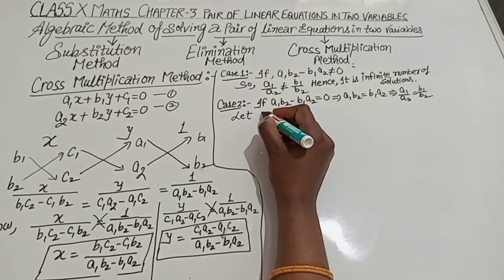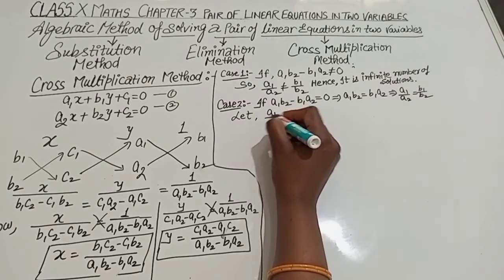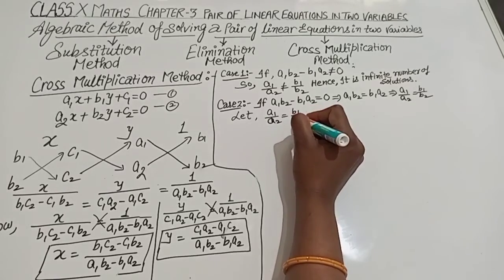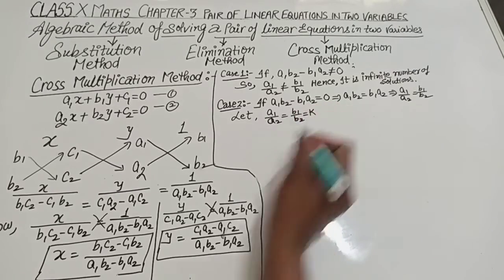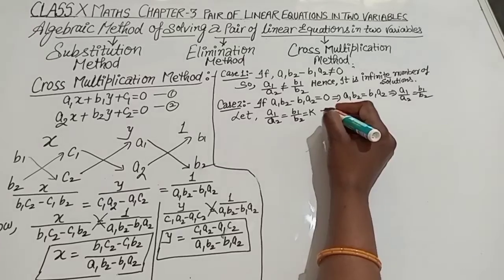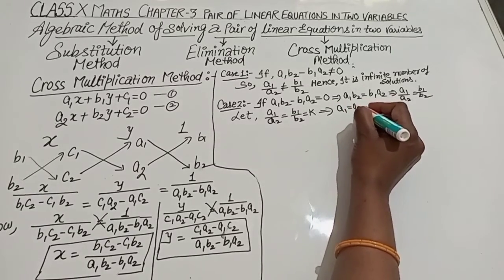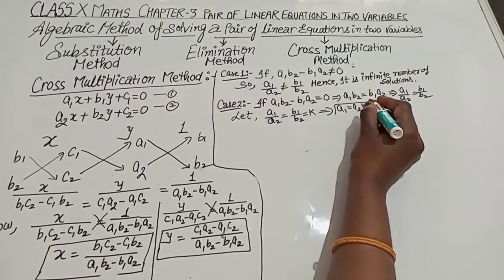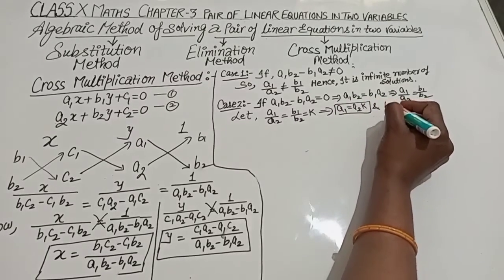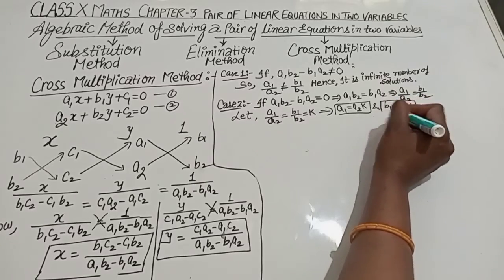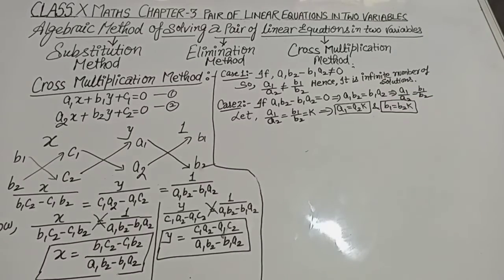Let a1 upon a2 is equal to b1 upon b2 is equal to k. This implies that a1 is equal to a2 k and b1 is equal to b2 k. This is the result we have.